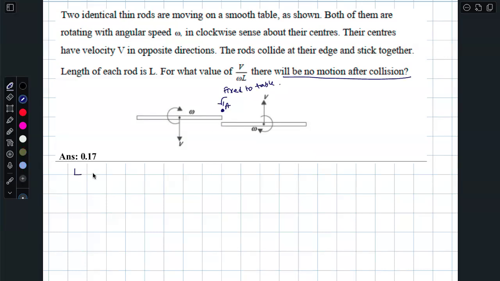So, total angular momentum is L1 plus L2. Please try to understand.